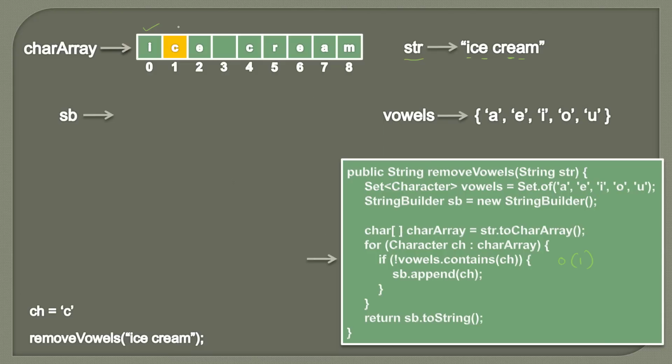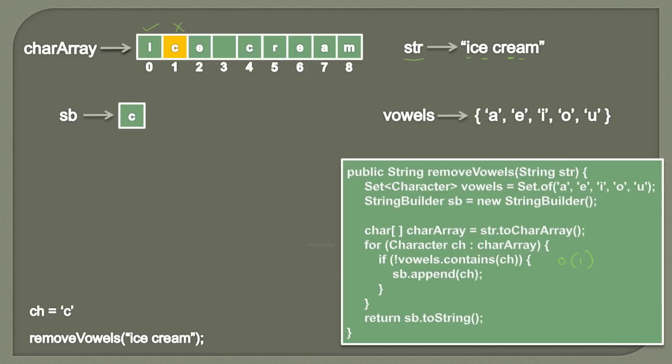It means C is not a vowel, so we need to include this C in our final string. So this condition comes out to be true. StringBuilder has a method append, where we will simply append the character C. So it would look something like this, that C comes into the StringBuilder.